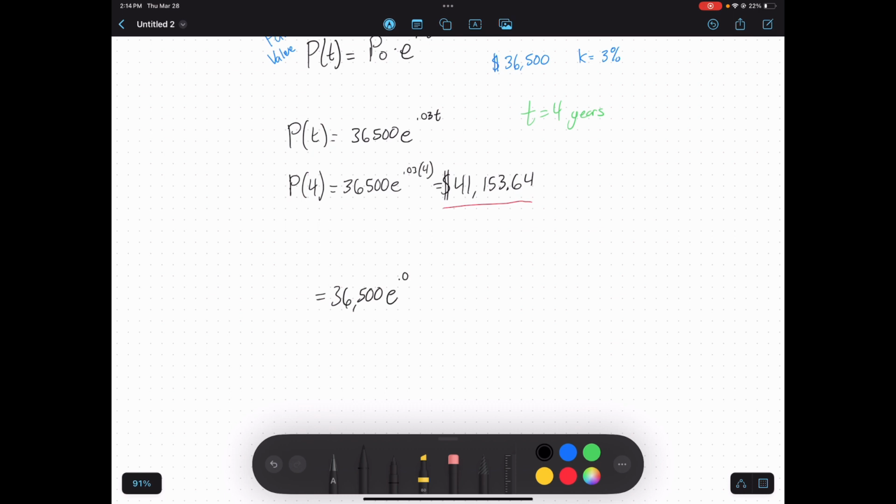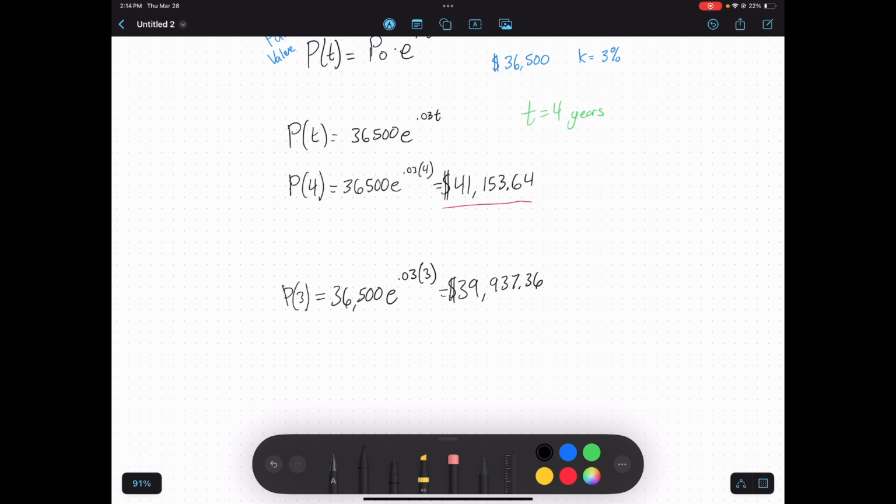Same bank, so I'm still going to make 3% interest, but since I'm investing in year 2, how many years does it have to actually grow? It's got this year, the next year, and then the 4th year. So this amount only has 3 years to grow. So what will that give me? That's going to give me $39,937.36.